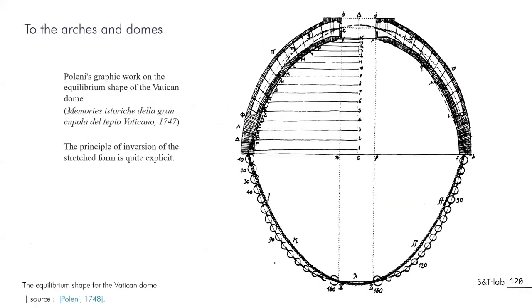You know this famous example that has been presented a series of times, of Poleni of 1748. He used the analogy of the hanging chain to define what will be the trajectory of forces that will be inverted as a mirror along this line. So we see that you have a distributed force along the chain.